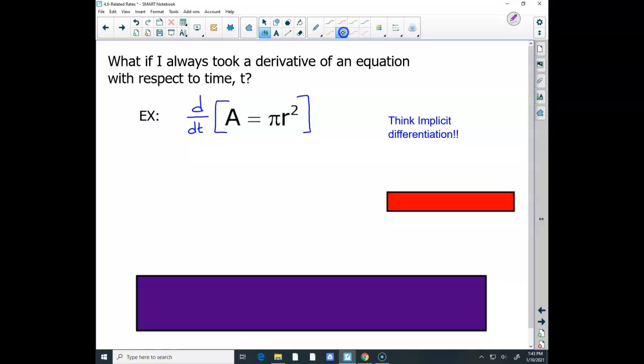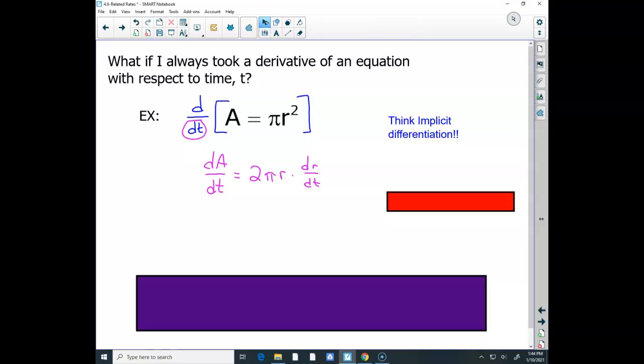So what would the derivative of A with respect to t be? Well, it would be dA/dt equals, well, 2 pi r. And I'm taking that with respect to t, so that's going to be 2 pi, drop my power by 1, and then I'm taking the derivative of r, so I have times dr/dt, okay?